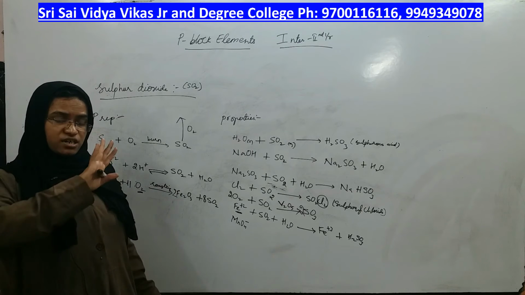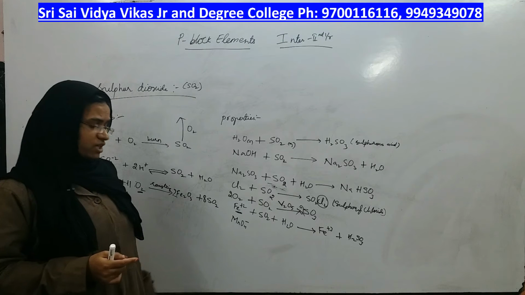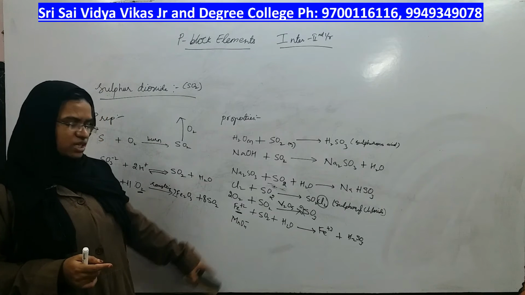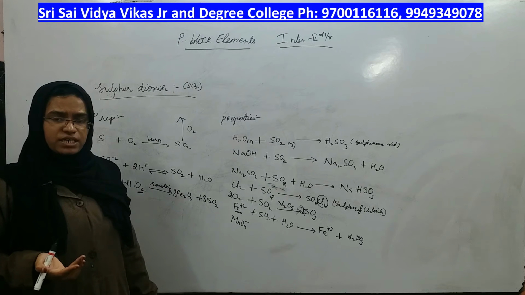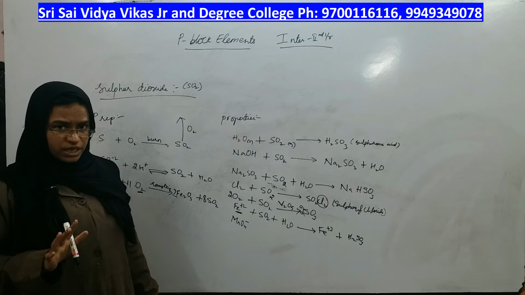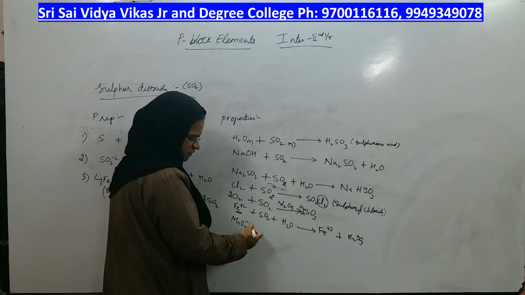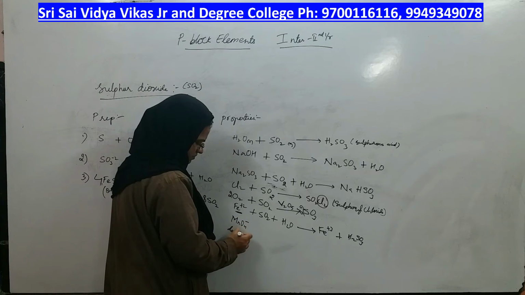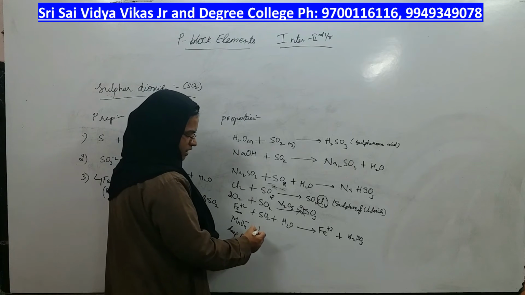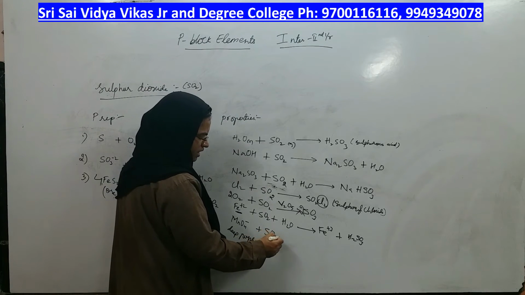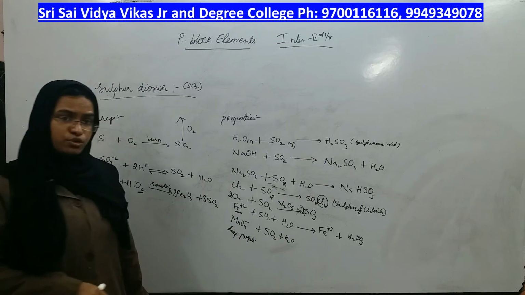Where can you see the remarkable difference in the color? In the next titration, in which MnO4, what is the name of MnO4 minus? Permanganate ion. What is the color of permanganate? Deep purple color, right? If you take potassium permanganate, which is having deep purple color, and pass sulfur dioxide, what will sulfur dioxide do?